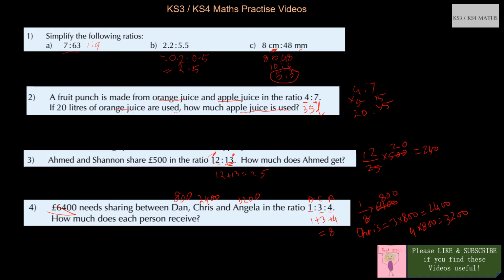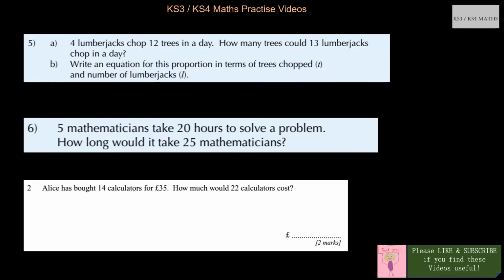The next one is 4 lumberjacks chop 12 trees in a day. How many trees could 13 lumberjacks chop in a day? So the way to do this is we have 4 lumberjacks and they chop 12 trees in a day.